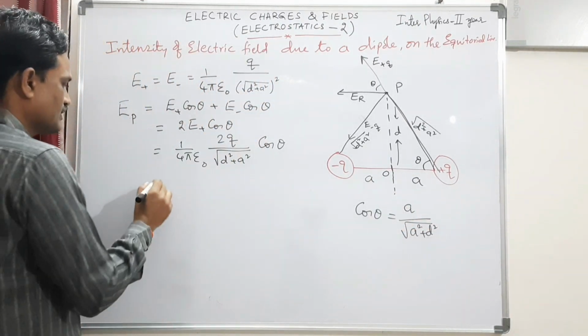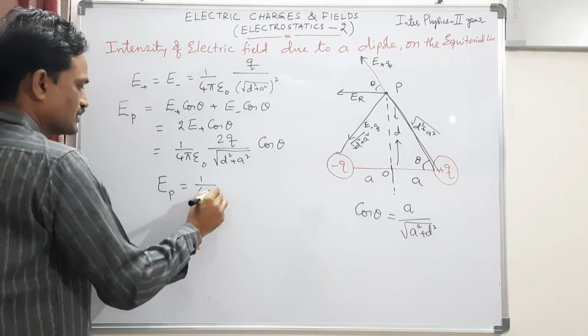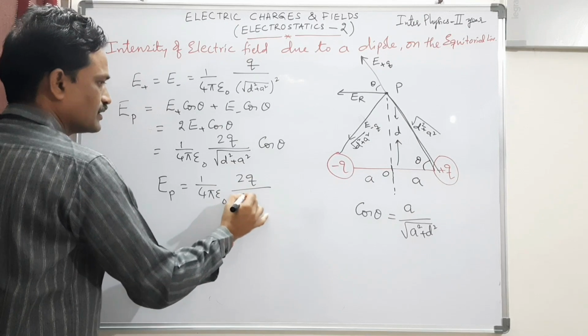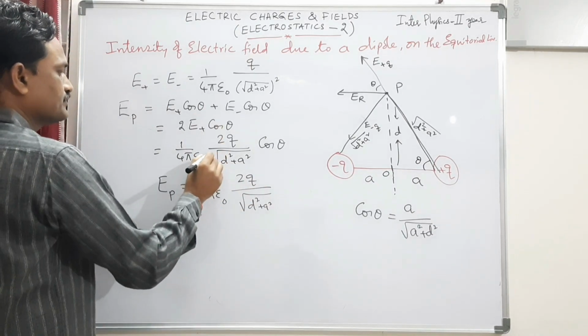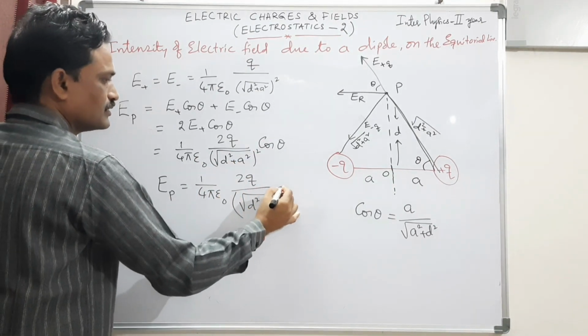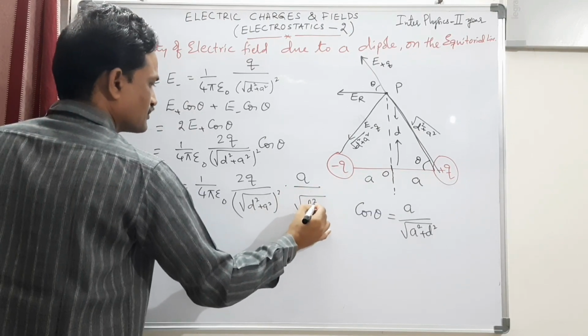Substituting that, I will write E at P is equal to 1 by 4 pi epsilon naught 2q divided by under root d square plus a square. This is whole square, no? D square plus a square whole square into a by under root d square plus a square.